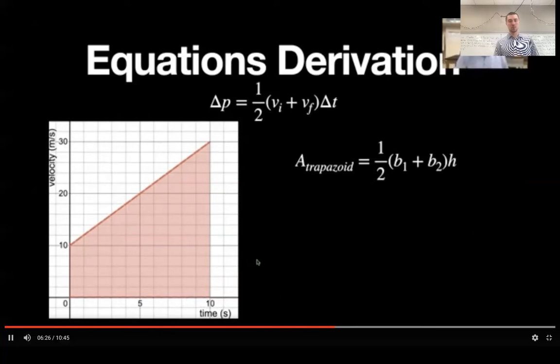So if we substitute in our variables, my two bases are the initial velocity and the final velocity, and the height is the change in time. So you'll notice that that's how we get the equation: 1/2 times the initial velocity plus the final velocity times the change in time. And this just comes from the definition of displacement as the area of a velocity versus time graph using the area of a trapezoid formula.